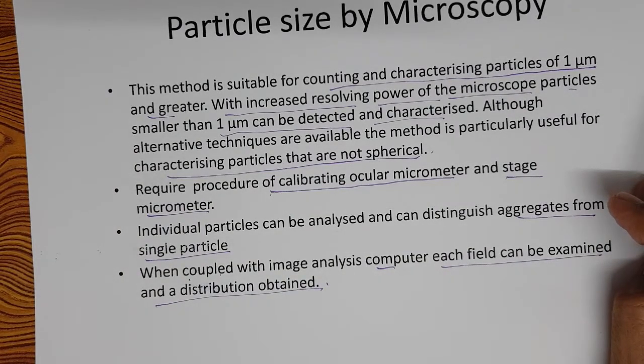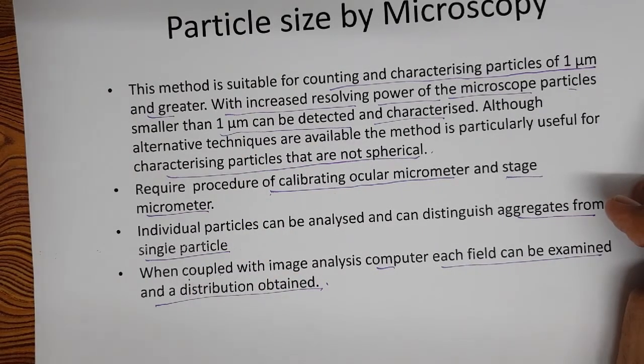Traditionally, you calibrate the eyepiece, ocular micrometer and stage micrometer because of the distance, right? You calibrate that, and then in the view, you have that scale.